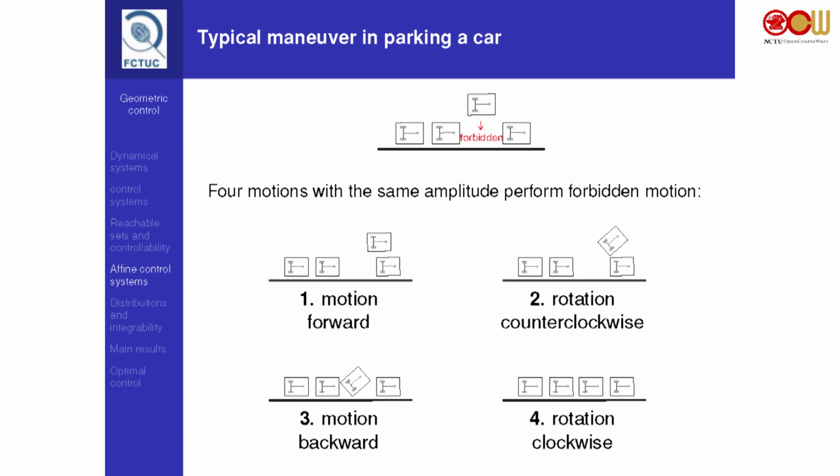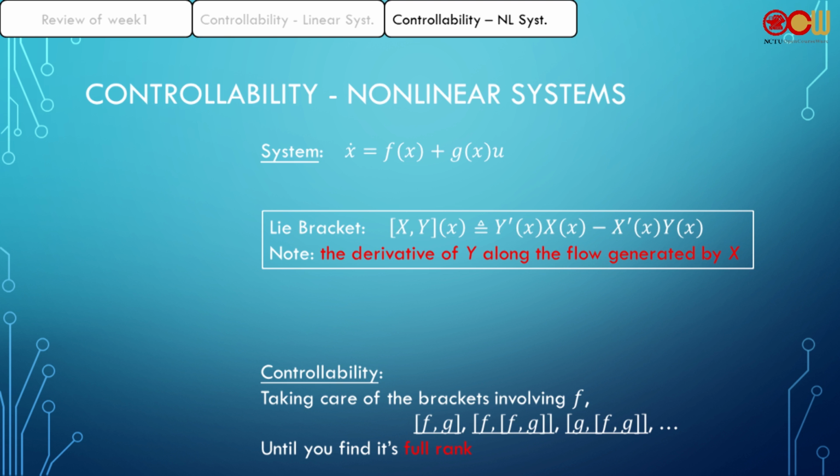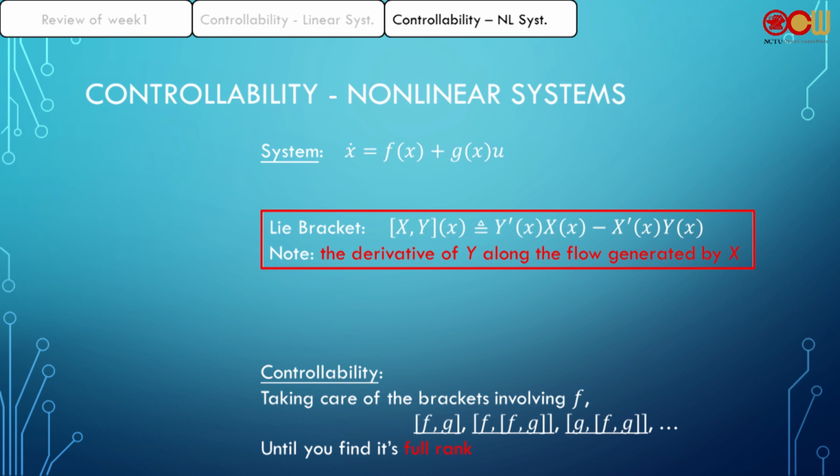Originally your orientation is here, right? But you can move in the perpendicular direction, which is this direction. So you move from here to here. And remember that the Lie bracket means the derivative of y along the flow. Flow means the time derivative of x.